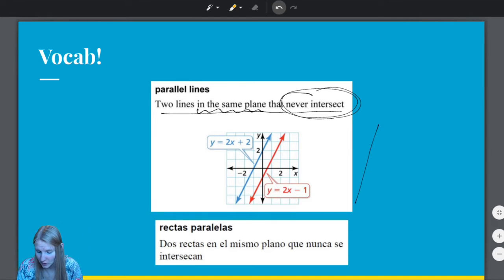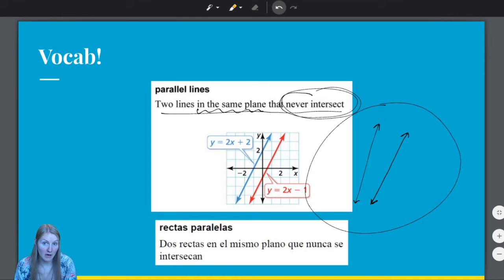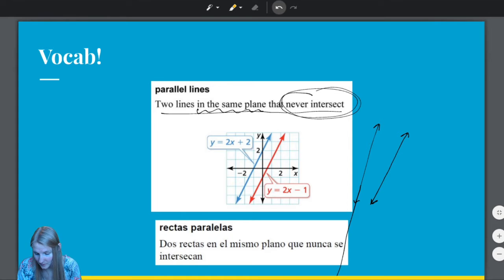So if we have two lines like this, well, it doesn't look like right here they're crossing, but if we keep drawing these lines, eventually, somewhere down the road, they're going to cross.